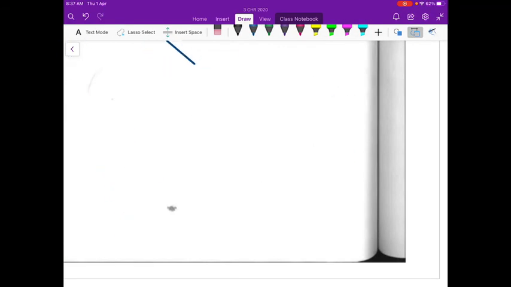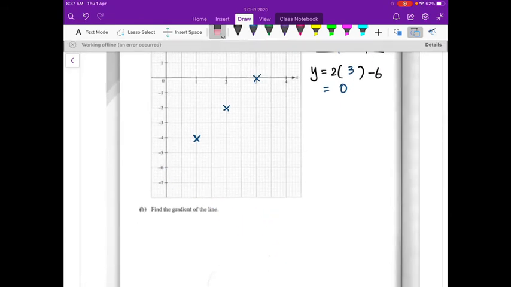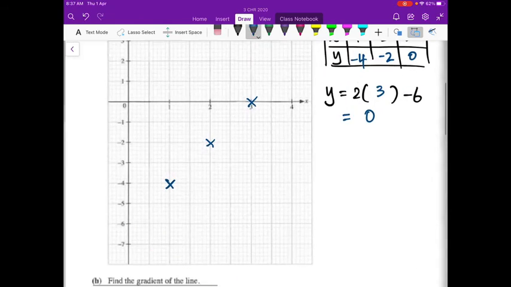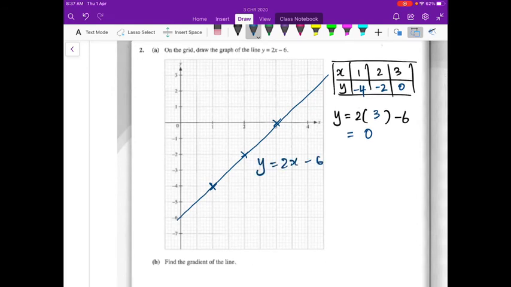Okay, I don't know how to draw a straight line with this. So let's just draw it freehand. And label y equals 2x minus 6. Then find the gradient.